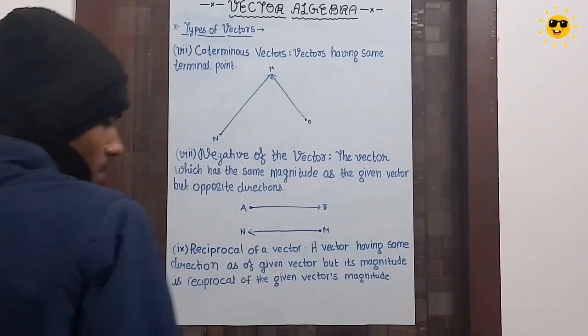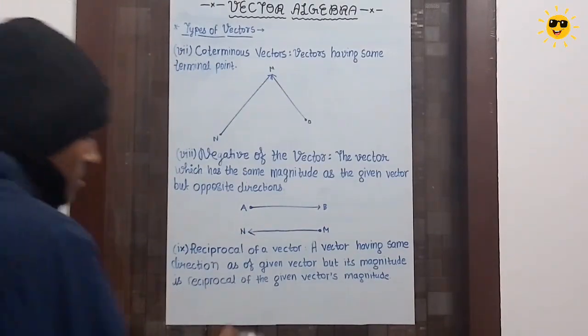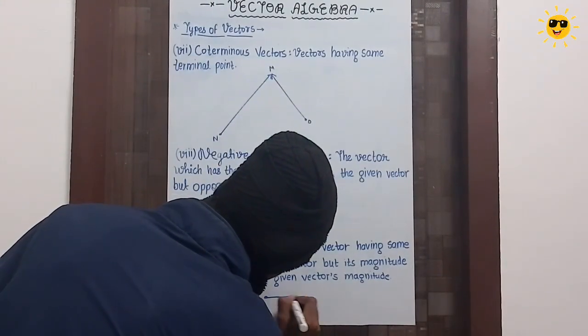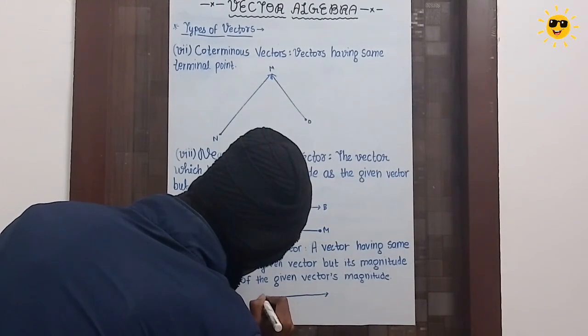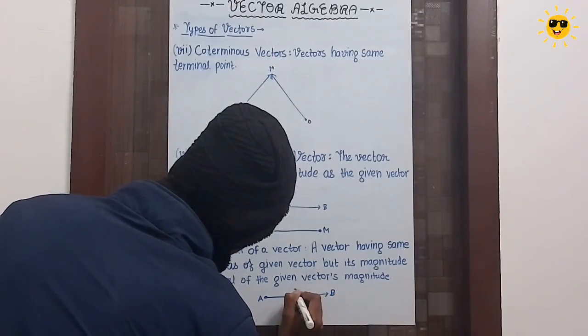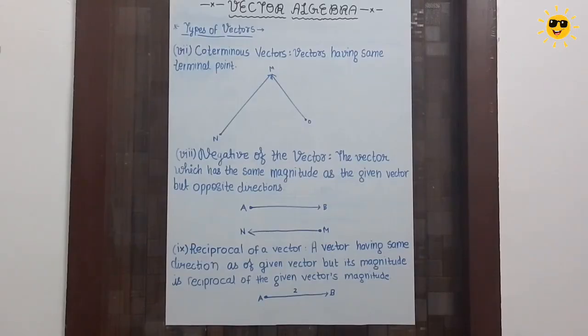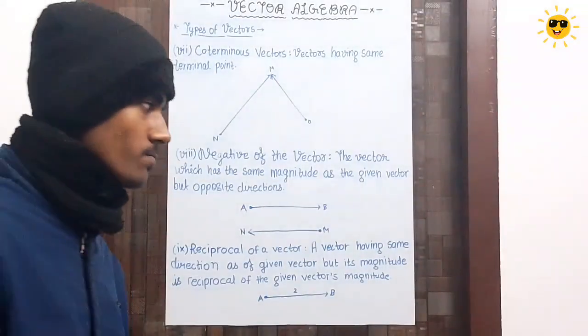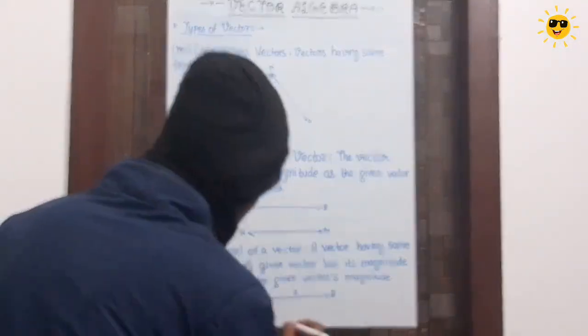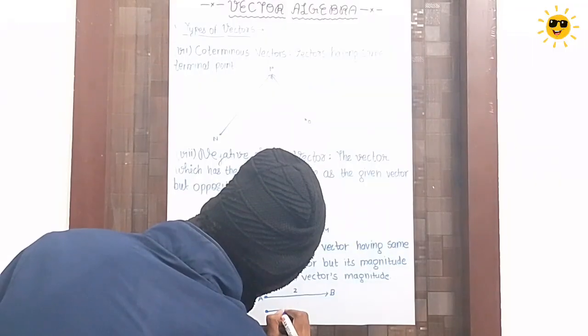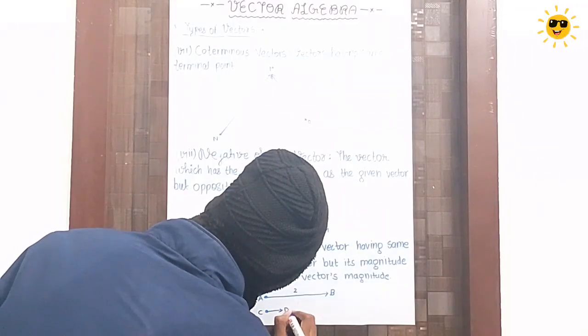So if I want to represent this too, let's say this is AV vector, whose magnitude is 2. So what is the reciprocal of 2? 0.5. This is CD vector.